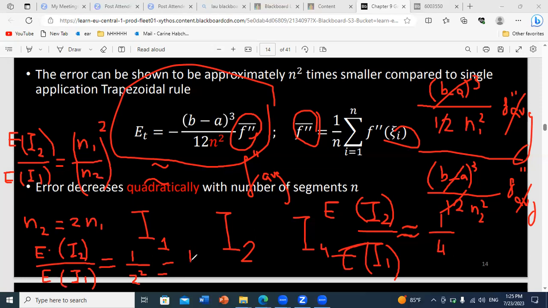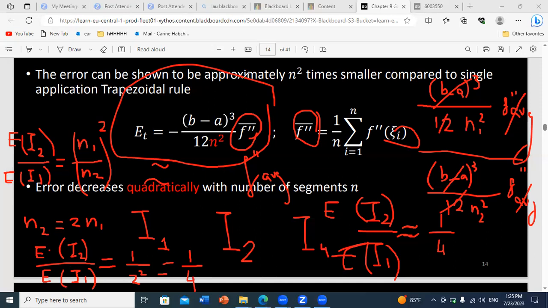But of course, this is only when I double the segments. If I multiply the number of segments by 4, then it will be 1 over 4 squared. So I need to know if I'm doubling the number of segments or multiplying by 3 or by 4, etc. So this expression will help me know the relation between the error in two consecutive steps.